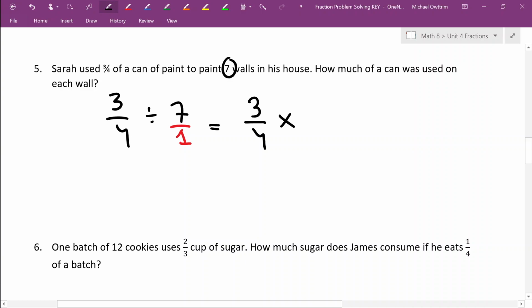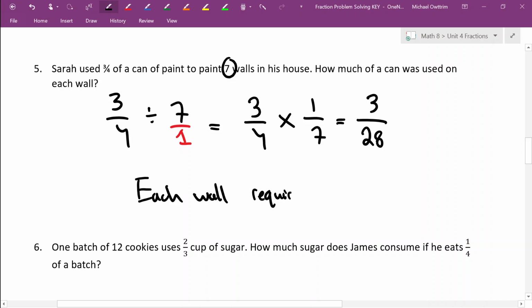We change divide to multiply. We flip our second fraction. And that's our multiply by the reciprocal rule. 3 times 1 on the top is 3. 4 times 7 on the bottom is 28. So each wall required 3/28 of a can of paint.